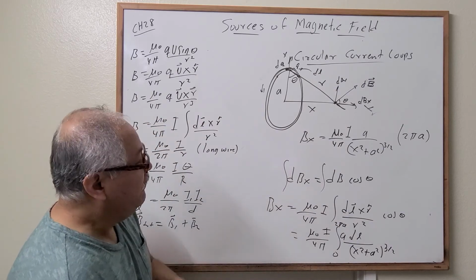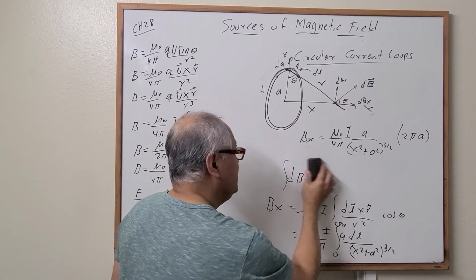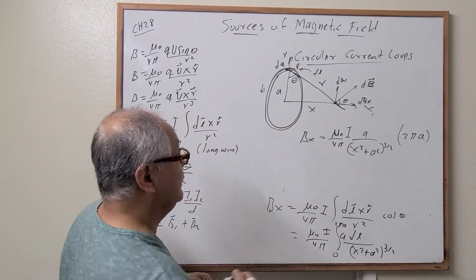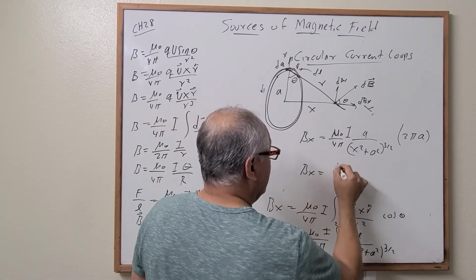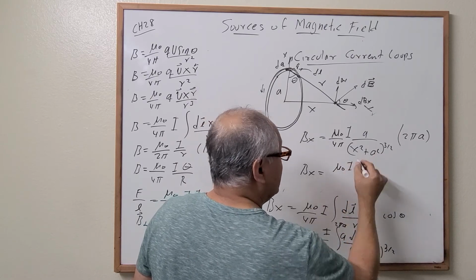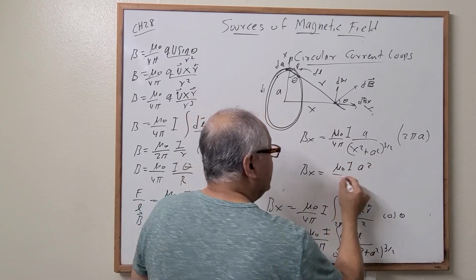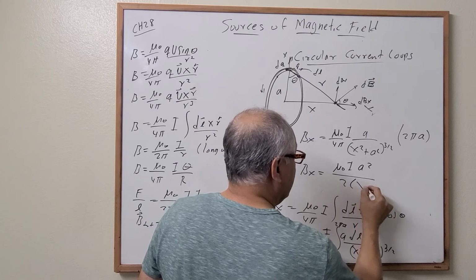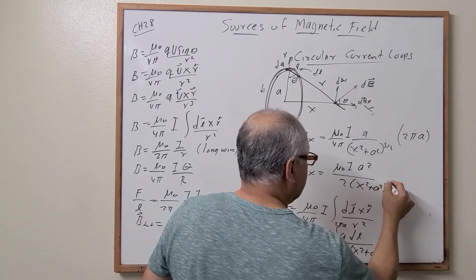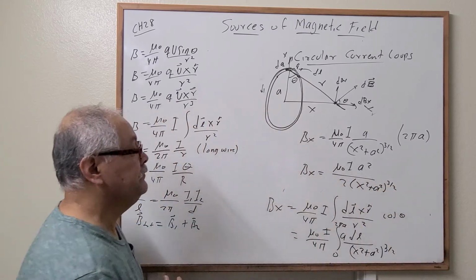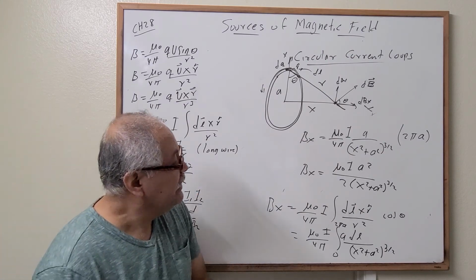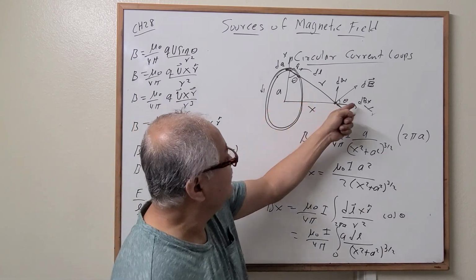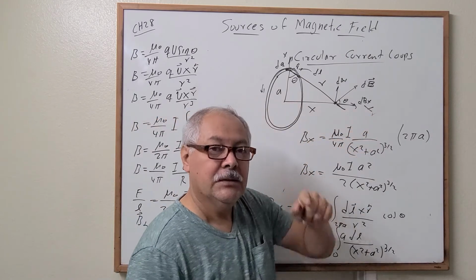Finally, we have that the magnetic field in the x direction is equal to mu naught times the current times a squared, divided by 2 times x squared plus a squared to the 3/2. And that's going to be the magnetic field along this x-axis.